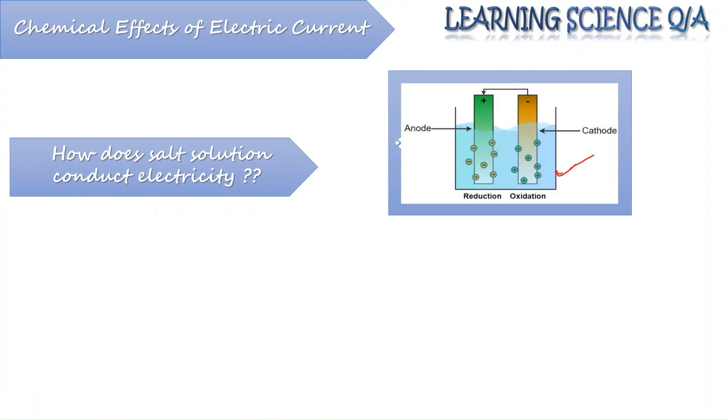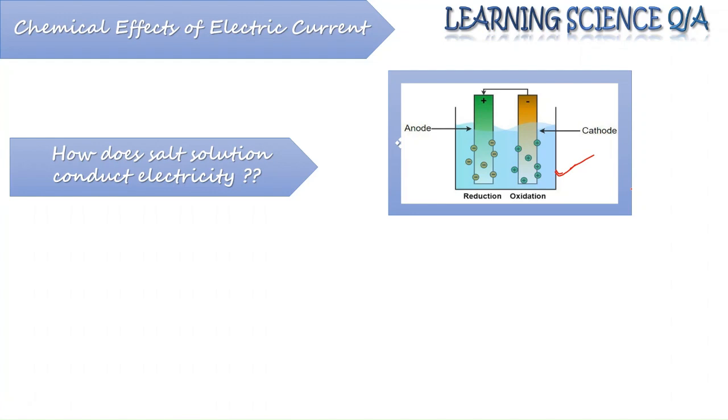And once it is in a solution form, its ions are dissociated. So till the time there is no voltage applied, they are moving randomly. Once the voltage is applied, the positive and negative ions from the salt move in orderly manner.